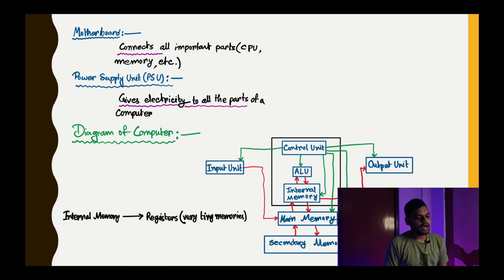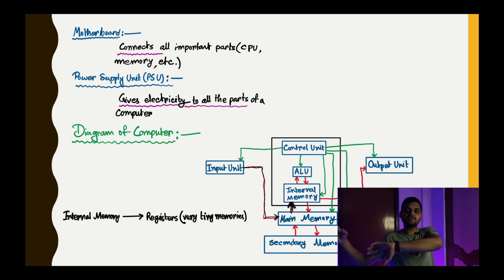Okay, so now we will be talking about the diagram of the computer. We have discussed it as well, but let me just clear it once. From the input unit, the data is getting stored in the main memory. And after getting stored in the main memory, the data can be accessed by the CPU, obviously. But when the CPU is accessing the data, it takes the data and stores it inside the memory registers in it.